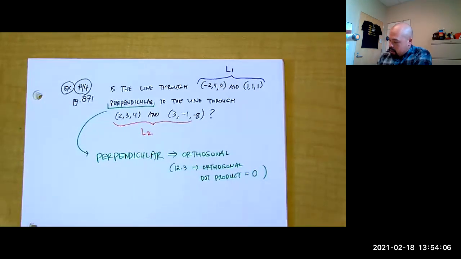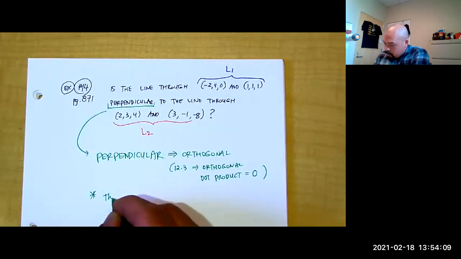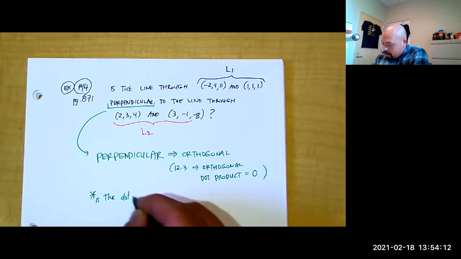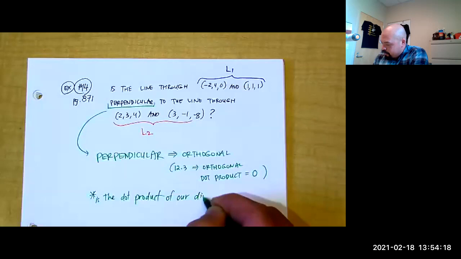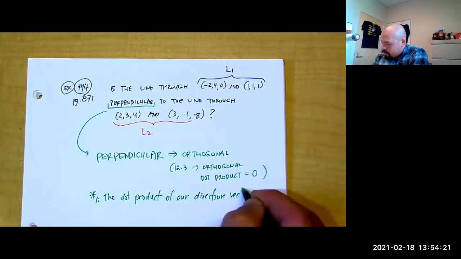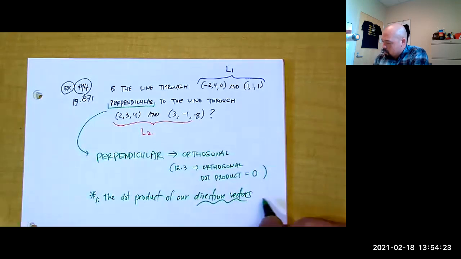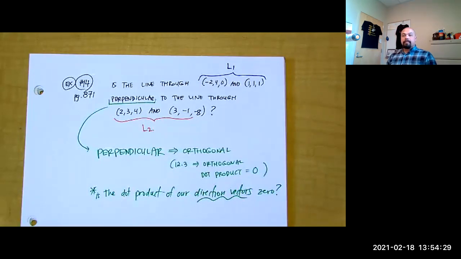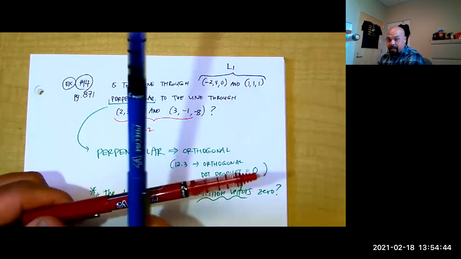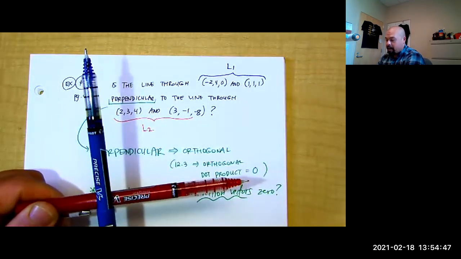So in this case, we're going to ask, is the dot product of our direction vectors zero? The direction that we're moving, those vectors pointing us, is the dot product going to give us 0? Are those direction vectors, line 2, line 1 direction vectors, going to be intersecting at a right angle?